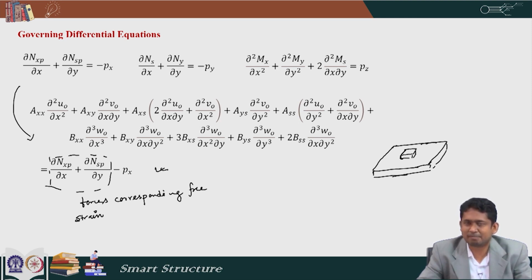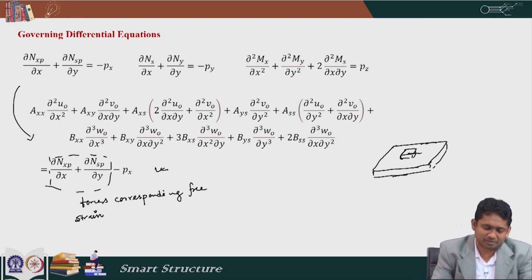Previously, for the beam problems, we had expansion or contraction only in one direction. Here it can have both x and y directions, and accordingly it induces block forces in the x direction, y direction, as well as shear block forces, and accordingly it can induce bending moments mx, my, and also ms, a twisting moment.